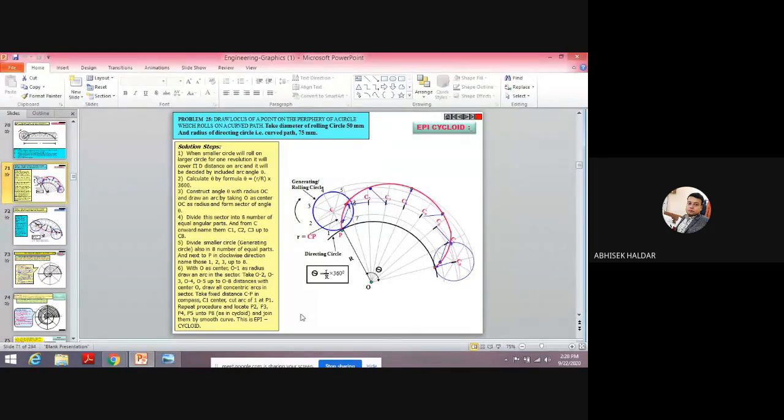If I draw this full circle, it is like this, a larger circle over which my rolling circle is rolling. Again, I'm fixing one point on the circumference of the rolling circle, and I'm tracing that point for one full revolution. Then I'm getting this type of curve. This curve is known as your epicycloid. Is the concept clear or not? Tell me.